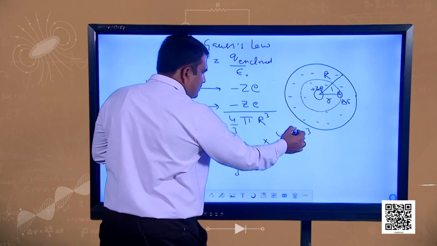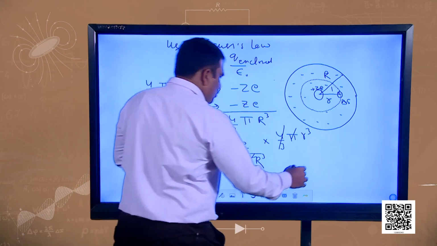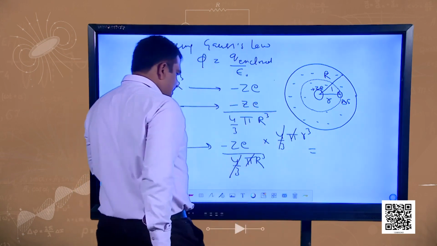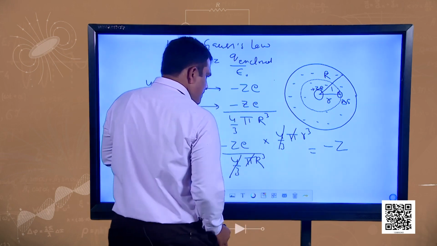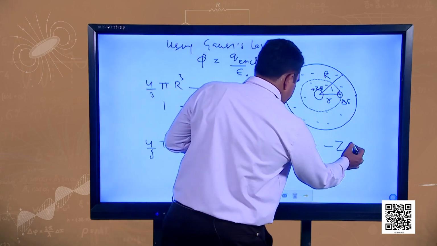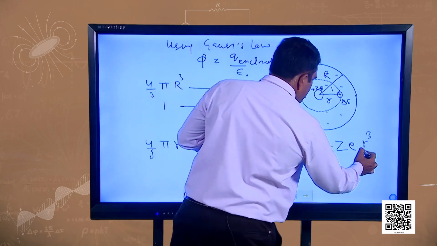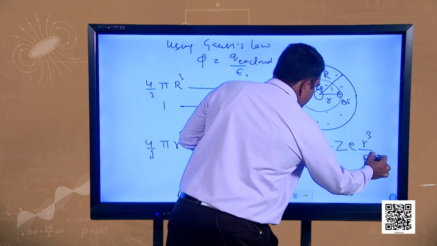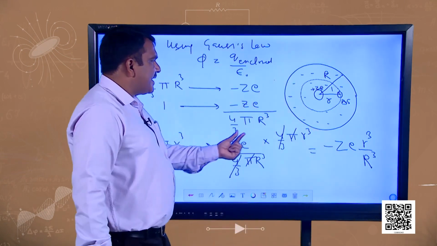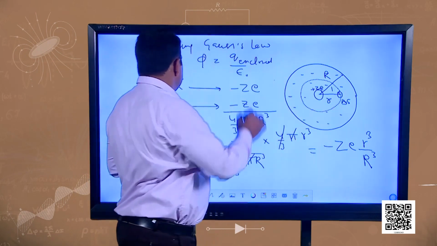So pi cancels with pi, 4 by 3 cancels with 4 by 3. So what do we get? We get minus ZE r cube divided by capital R cube. This is the amount of negative charge only which is present inside the Gaussian surface.